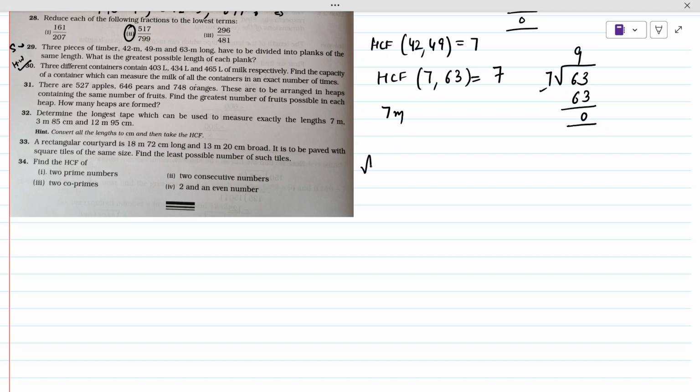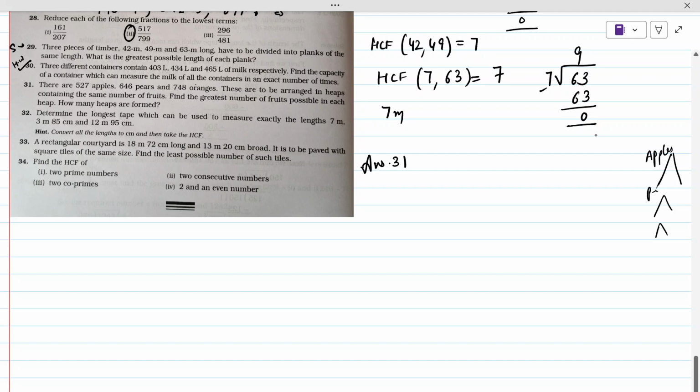So let's pick this question. We are given 3 different types of fruits and their quantities, and we have to form their heaps. We don't know the number of heaps, so we make heaps for apples, similarly heaps for pears and for oranges as well.